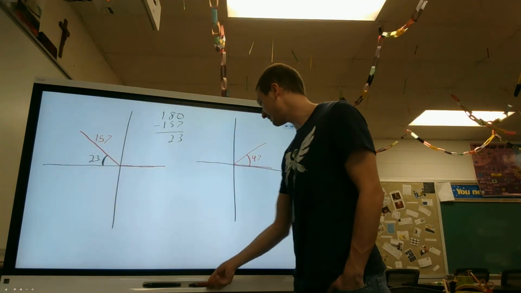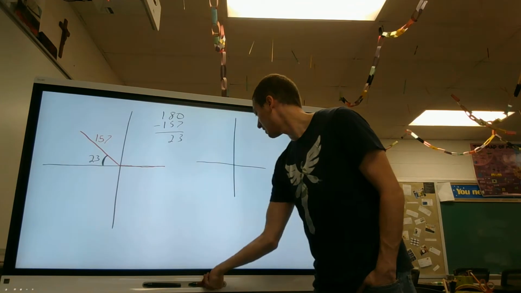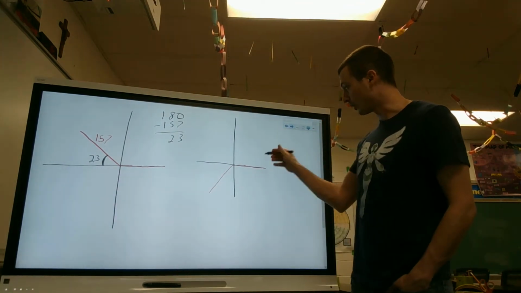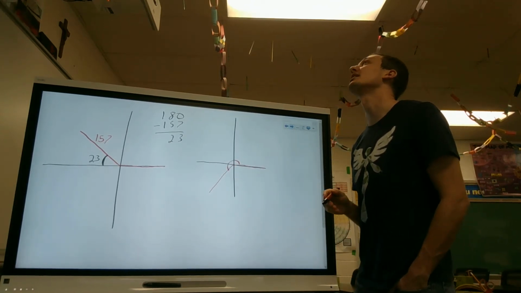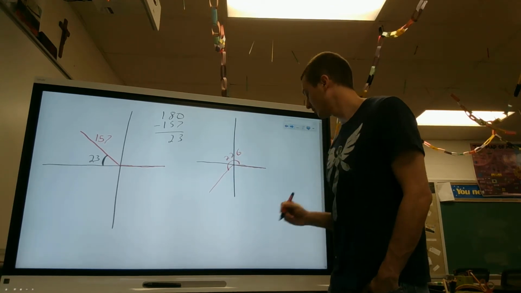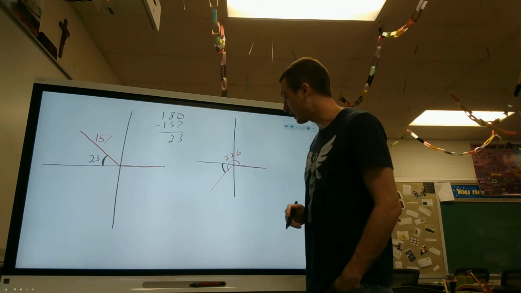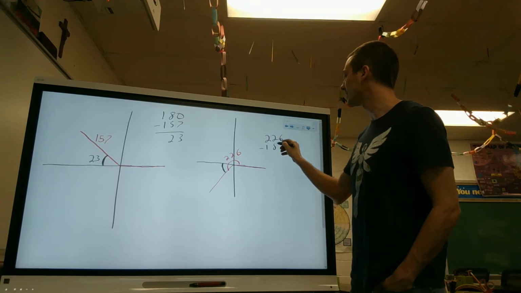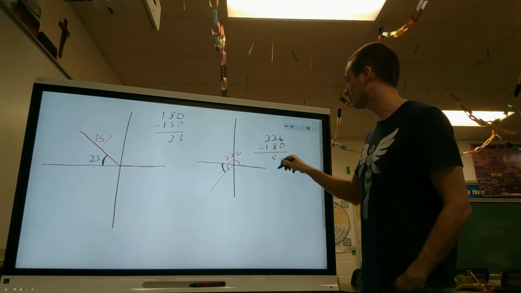If I had maybe this angle in standard position, where the whole thing was, let's make it 226. The reference angle would be this thing, and I would take 226 minus 180 to get 46.